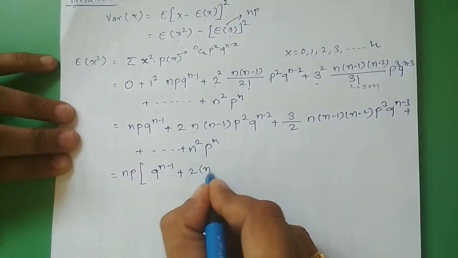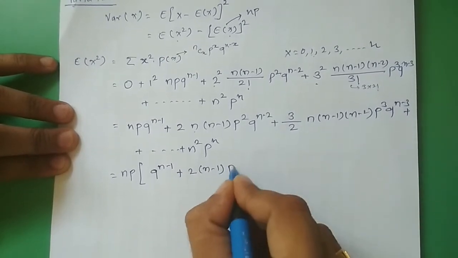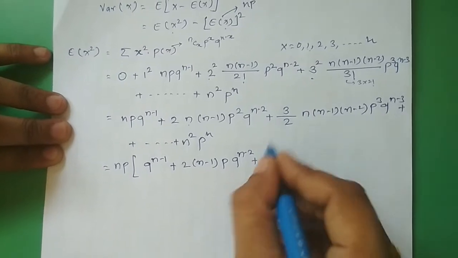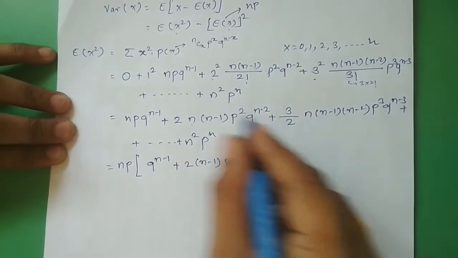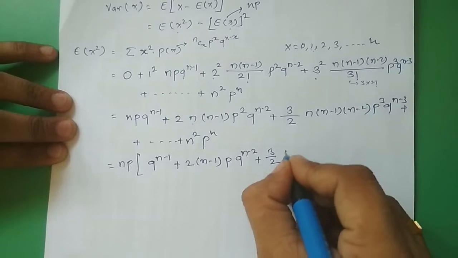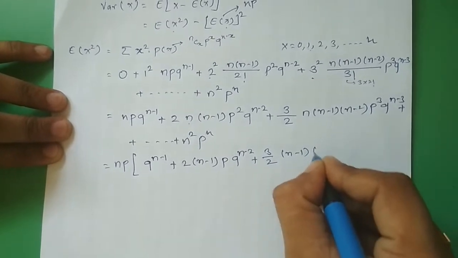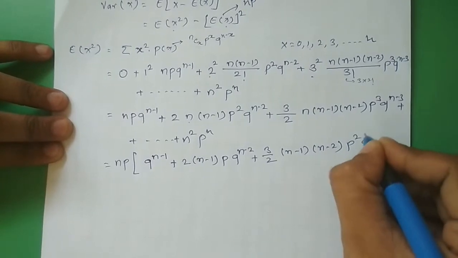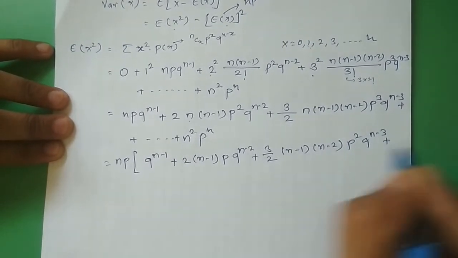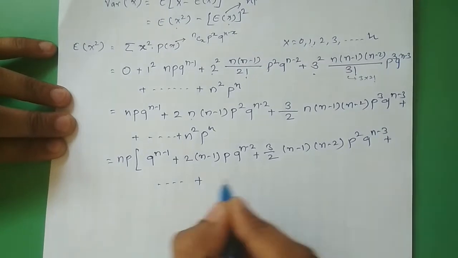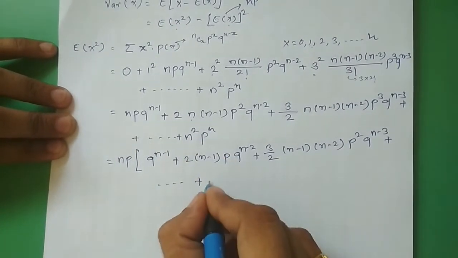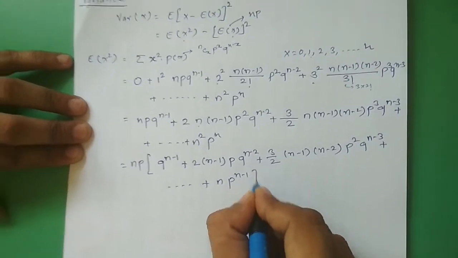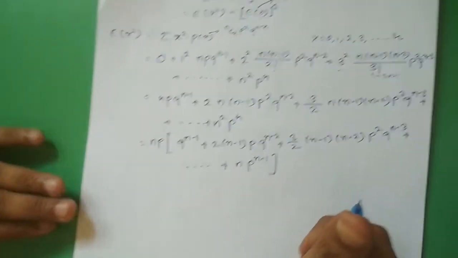It's n minus 1 p q raised to n minus 2. Okay, plus 3 by 2 as it is. We have taken 1 n and 1 p outside, so what will be? It's n minus 1, n minus 2 p square q raised to n minus 3 plus dot dot dot. What is the last term? It's 1 n and 1 p is outside, so it's p raised to n minus 1. This will be remaining in the square bracket.